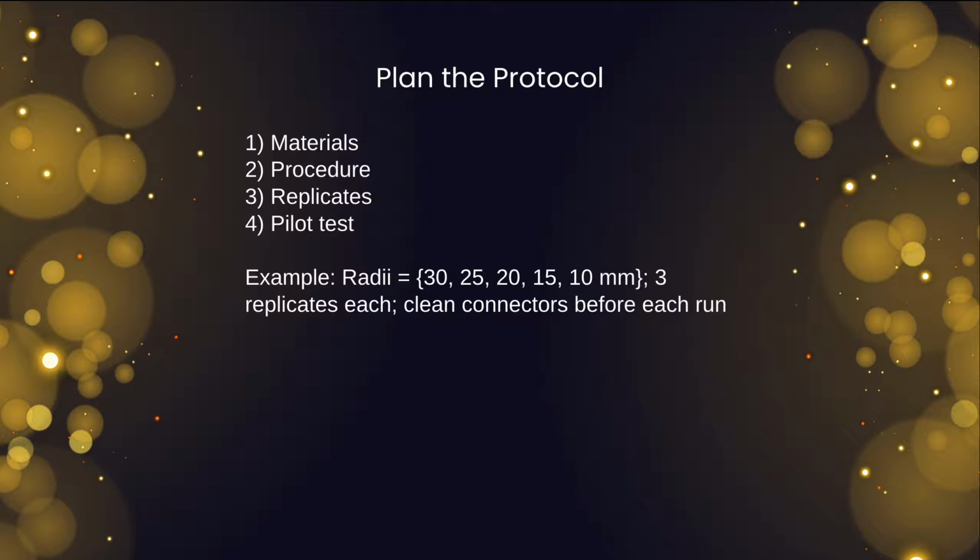In my experiment, I talk more about how I conducted it in the previous video, which you should go watch if you haven't. But here are some conditions of my experiment below. So I tested these radii, and I did 3 replicates for each radius, and I cleaned the connectors before each run, which was my protocol.